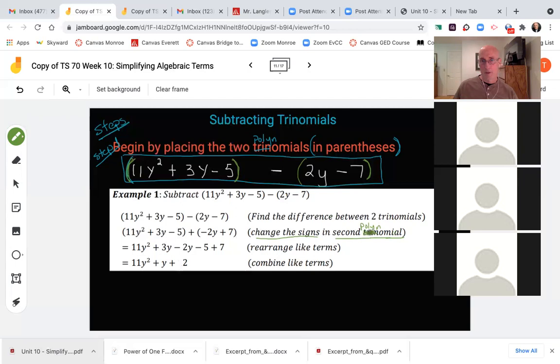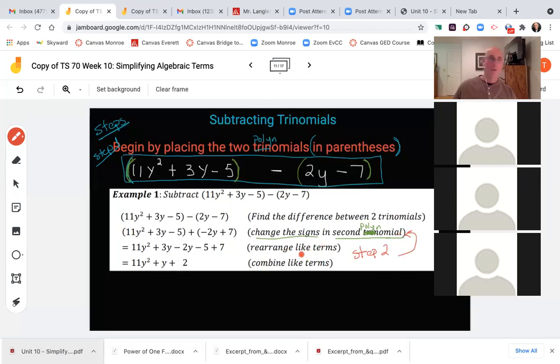Next one's not a trinomial. And I will show you what that means. So if I'm copying down the rules, you just gave us step 1. I'm going to write this down as step 2 that you want to be sure to do. And it's to change the signs in the second polynomial.